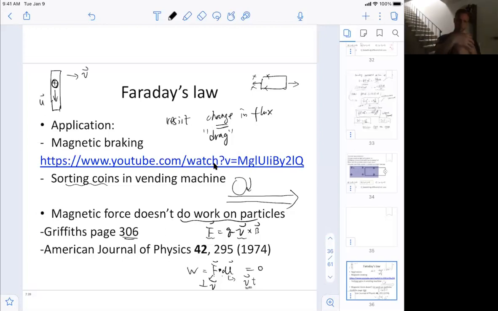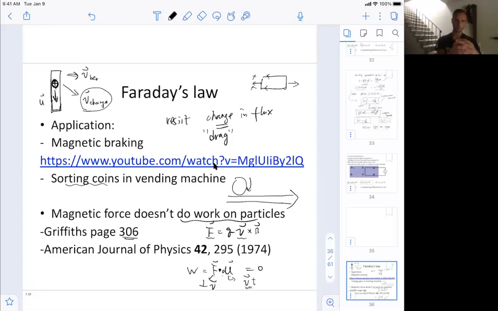So if you're looking at these charges, it looks like they have these two components. The overall velocity of the charge is actually in this direction, right? So when you're looking at the magnetic force done on individual particles, you're looking at a totally different path than if you're looking at a force done by the metal bar overall. Of course, magnetic force can do overall work on these current carrying wires or these metal bars, but it doesn't do work on these individual charges because you can see there are two different components going on.